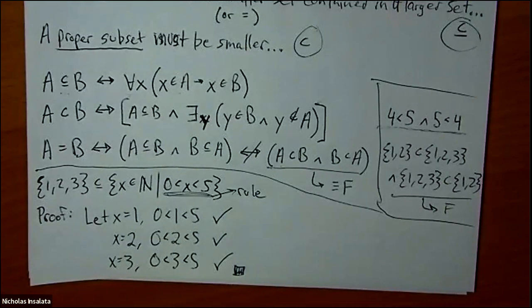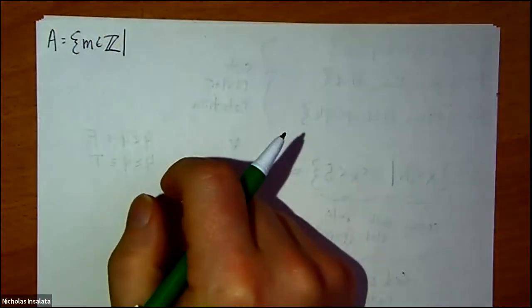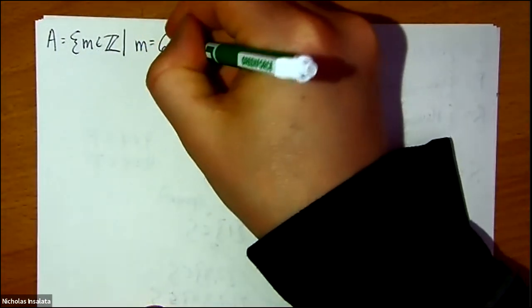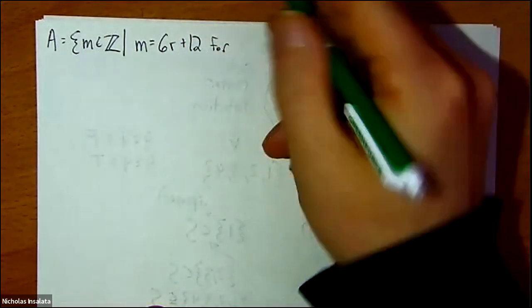Well, let's do a little bit different example. Instead of having one in set roster and one in set builder, let's have a situation where they're both in set builder. I'll take this example from your book here. So we'll say that A is the set of m in the integers such that m equals 6r plus 12 for r in the integers.